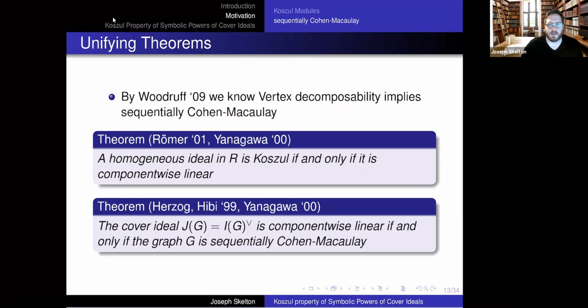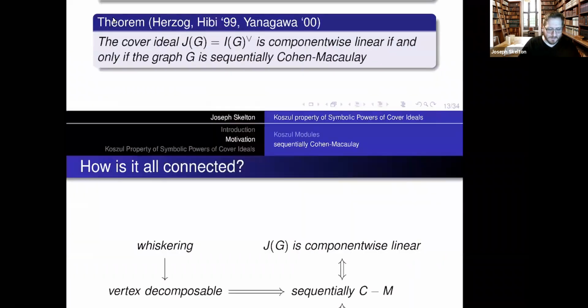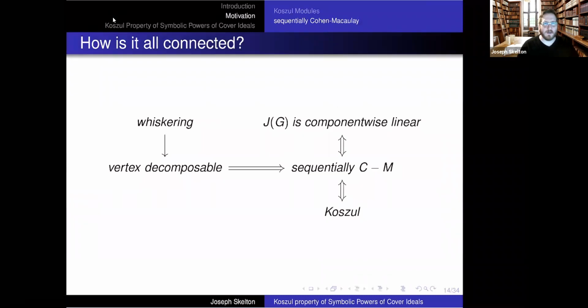And Herzog, Hibi and Yanagawa showed that the cover ideal, which is the dual of an edge ideal, is component-wise linear if and only if the graph is sequentially Cohen-Macaulay. So it's a whole bunch of stuff that's all connected, in my weird rope-on-the-board way.